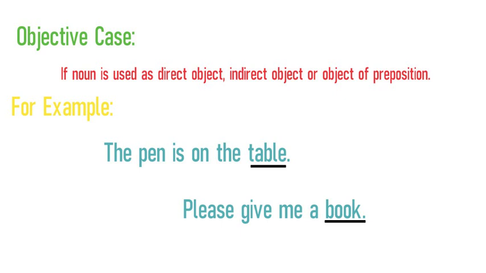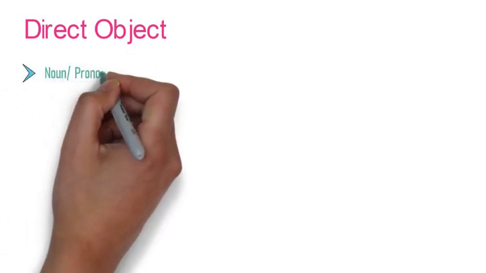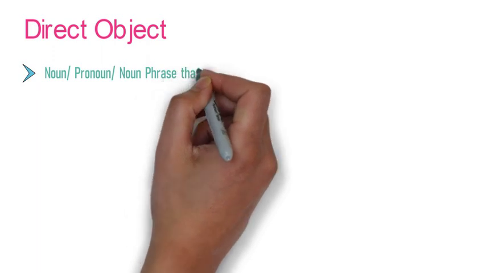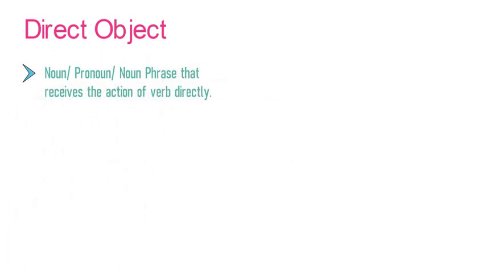We have talked about direct or indirect object, so let's understand them one by one. Direct objects. A noun, pronoun, or noun phrase that receives the action of a verb directly is called a direct object.